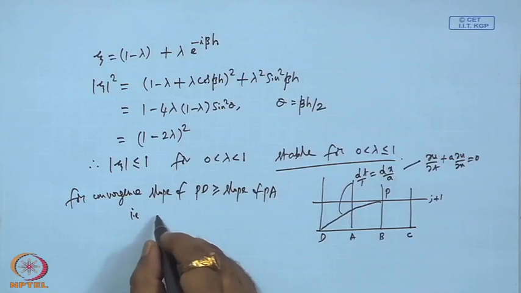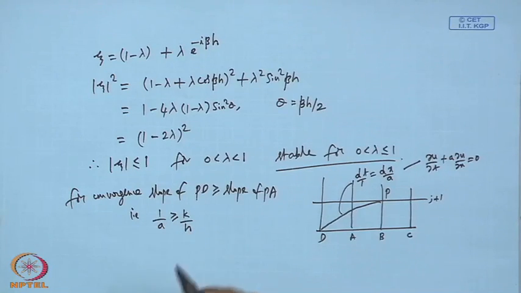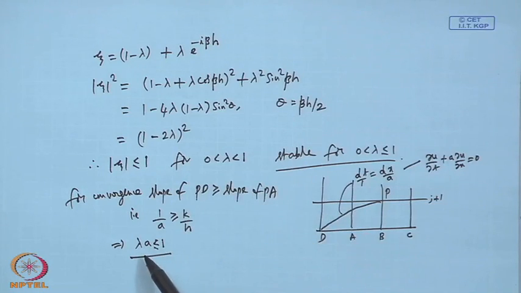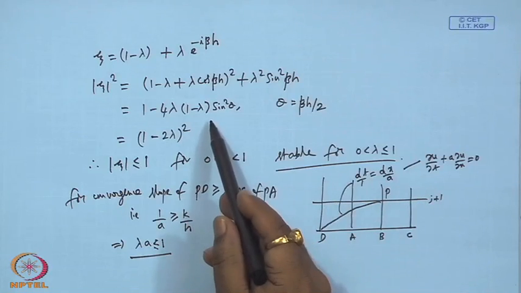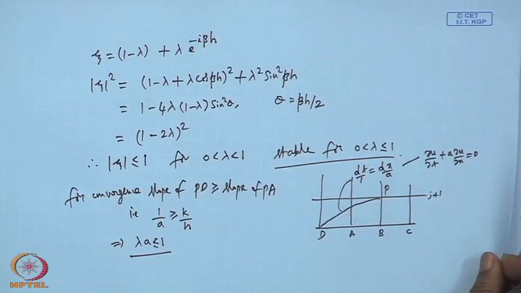So, that is 1 over A greater than or equals to k by h. So, that implies lambda A is less than or equals to 1. So, there is a coincidence, okay. A is 1 in this analysis. So, therefore, we have the corresponding stability condition.